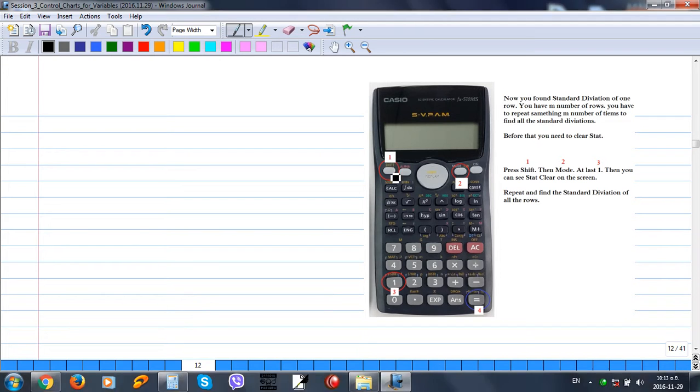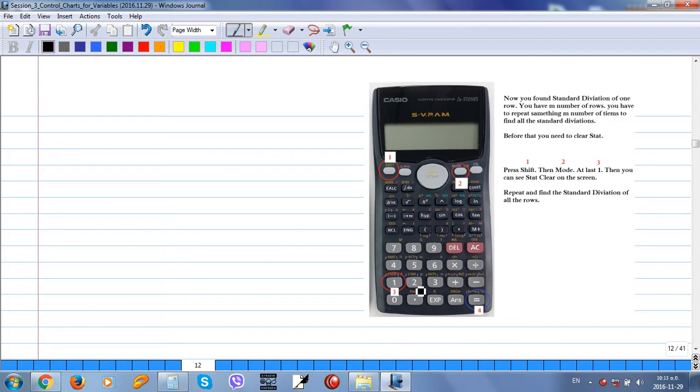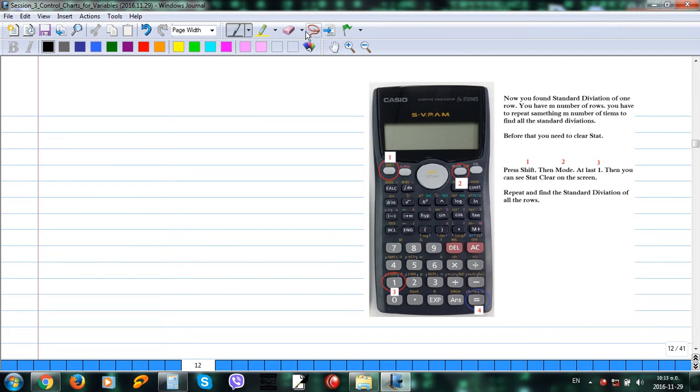I think there is a mistake, there is no need to press the mode key here, that is wrong. So press shift, then press 2.